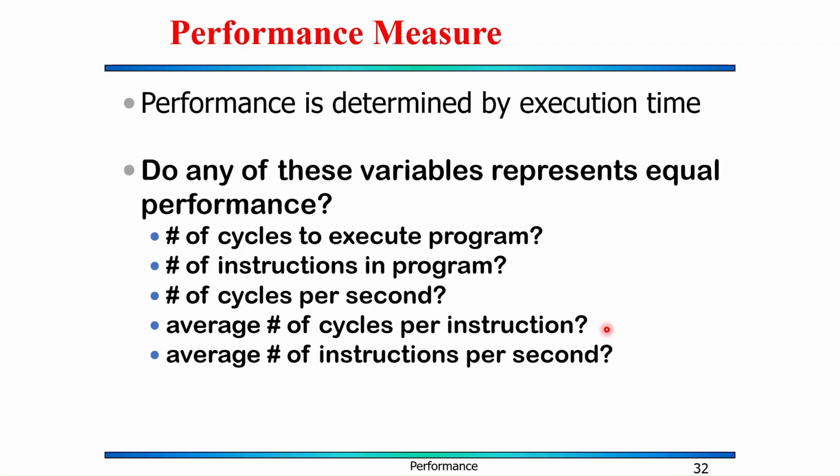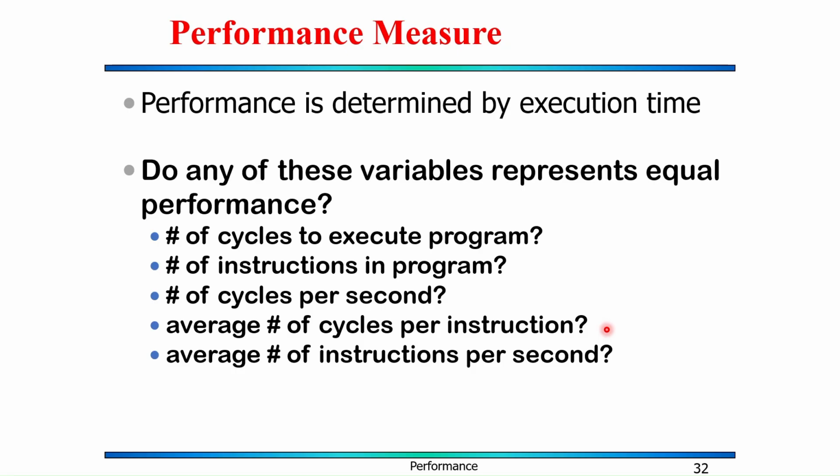Then average number of instructions per second, or MIPS. High MIPS sounds good, but if each instruction does very little work, the program might still run slowly. So none of these variables alone tells the whole story. Only execution time directly measures performance. The other factors interact in complex ways, which is why we need the full performance equation to understand what is really happening.